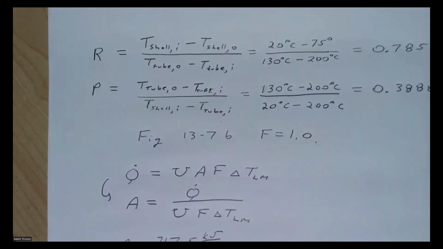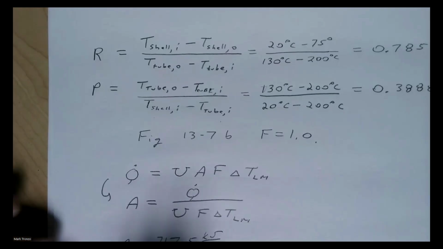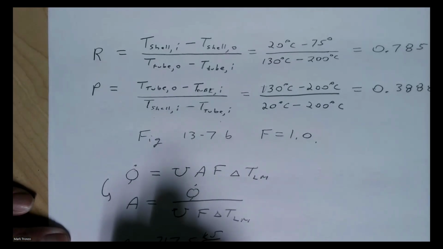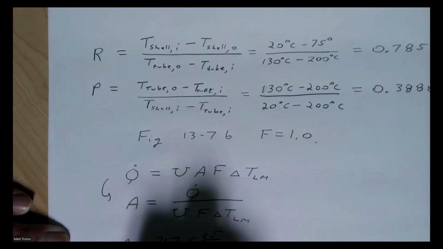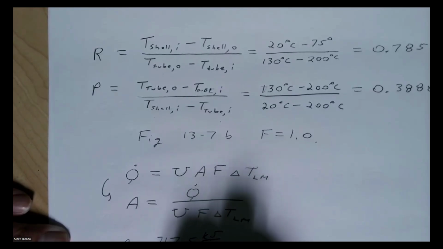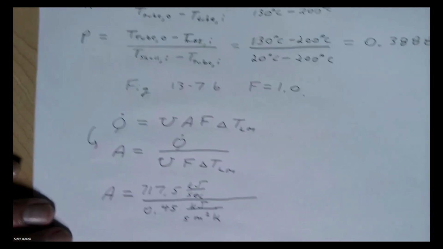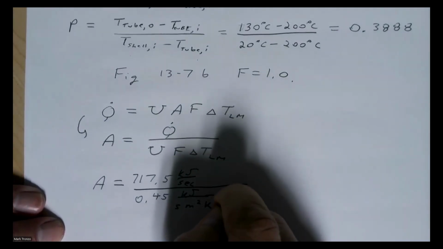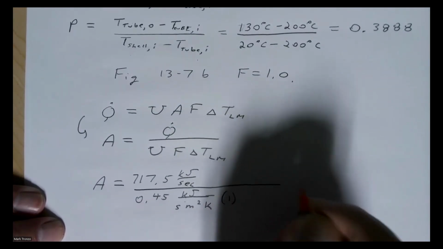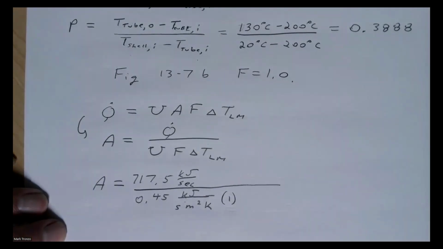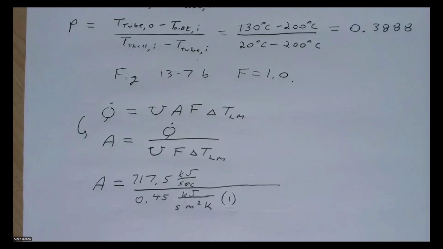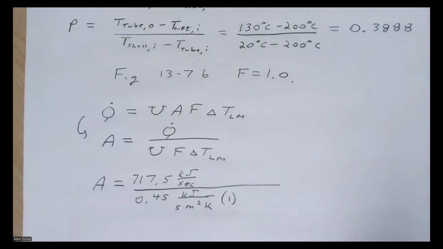Let me put in the kilojoules since that's what we have the heat transfer in. We had the overall heat transfer coefficient is 0.45 kilojoules per second meter squared K, like this. And again, we determined F was 1, and the log mean temperature difference, which we just calculated over here, was 117.34.